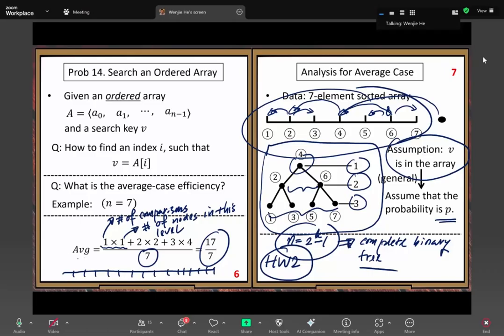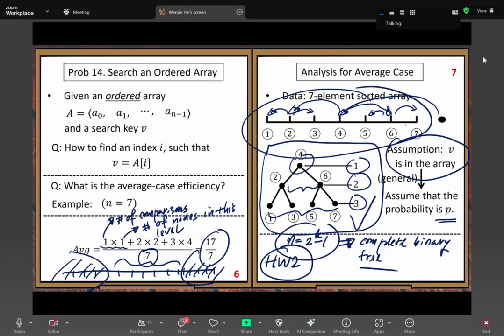Then, in my condition, I exclude some of the nodes at the left end. I exclude some of the nodes at the right end, and I only ask you to give me the average case efficiency of this remaining middle part. In that case, you cannot apply any formula, right? So you have to use our current way.